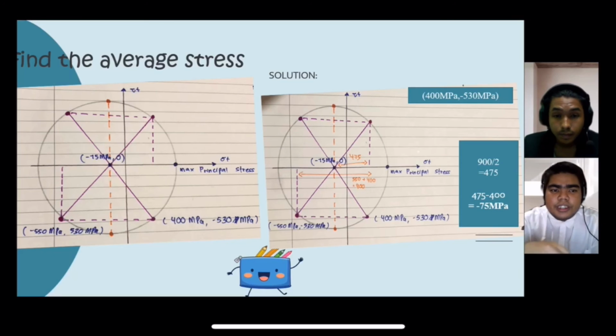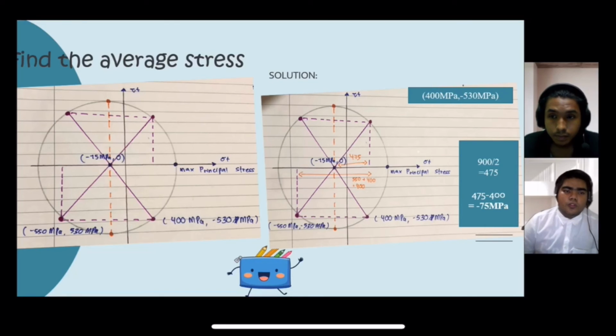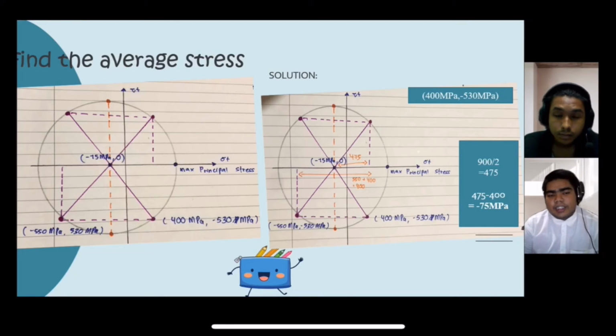For this question, the first step is to draw a graph and the circle. Here we have the values for the x-axis and y-axis. Next, we need to know the distance from the x-axis and the y-axis. Here we have 550 and 400.